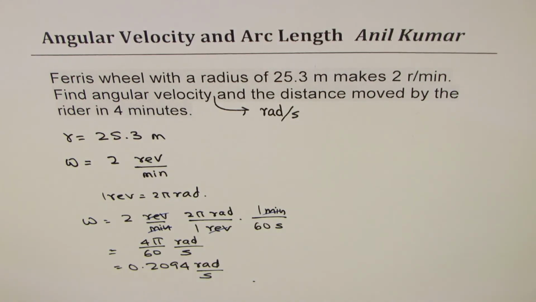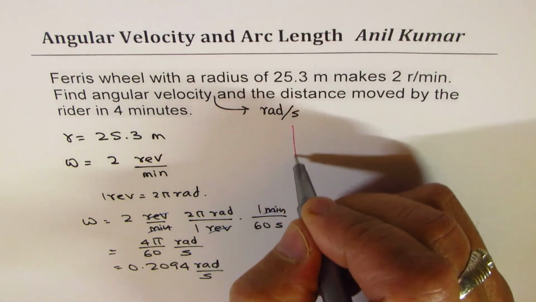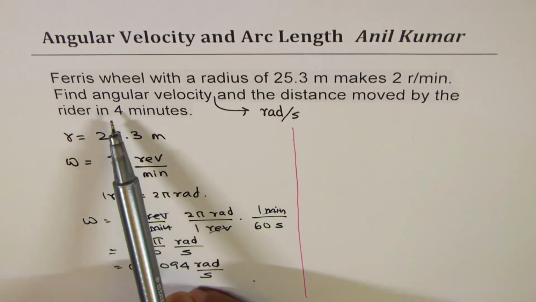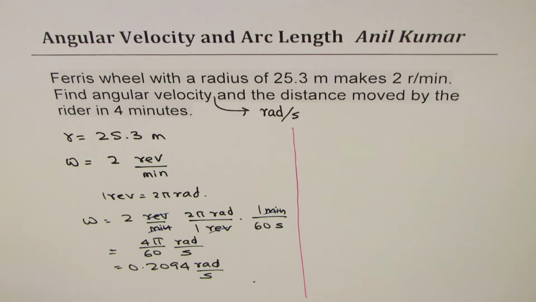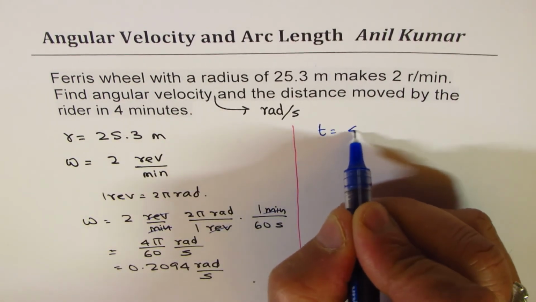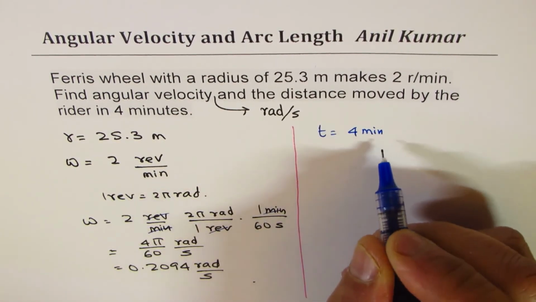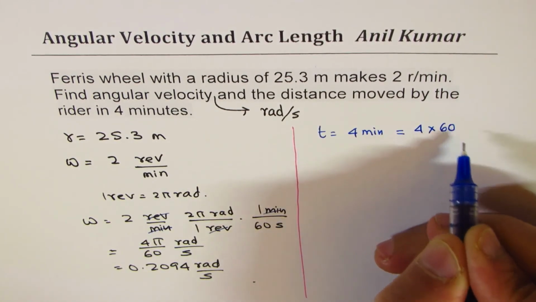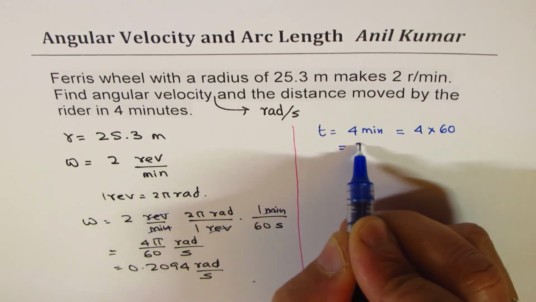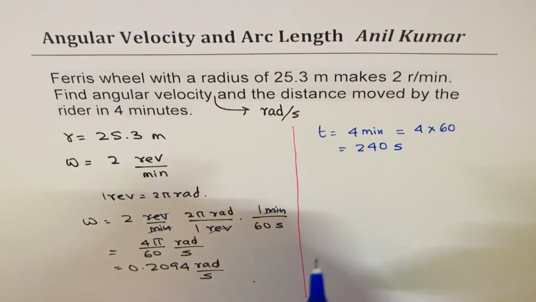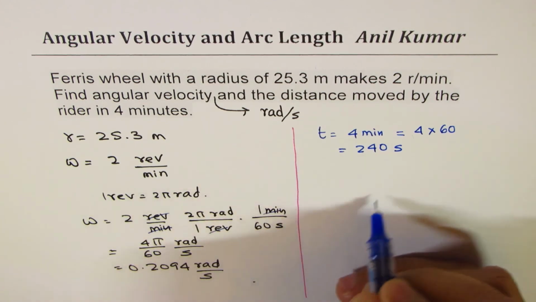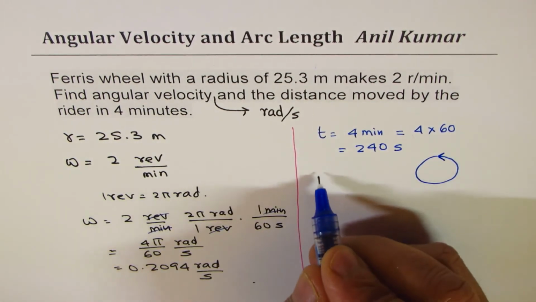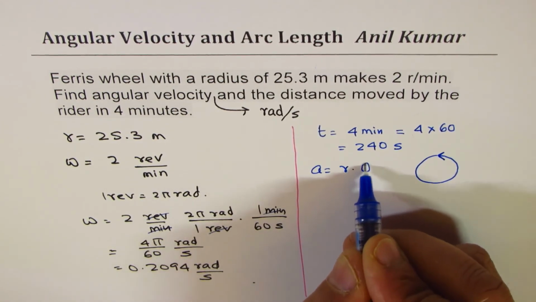Now the second part of this question is the distance moved by the rider in 4 minutes, right? So time taken is 4 minutes. So we could write this in terms of seconds, which is 4 times 60, right? 240 seconds. So distance moved is arc length. So when you move, you're going in a circle, correct? So you're going A. So A equals R times theta.